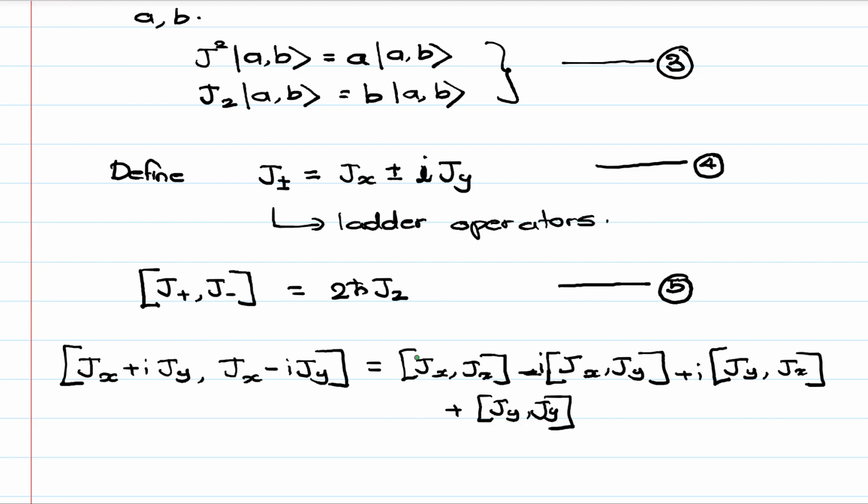So from here itself you can say that the commutator of jx with jx is equal to 0, and of jy with jy is equal to 0.